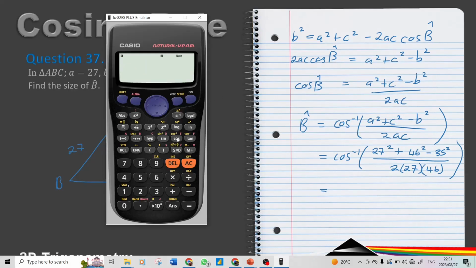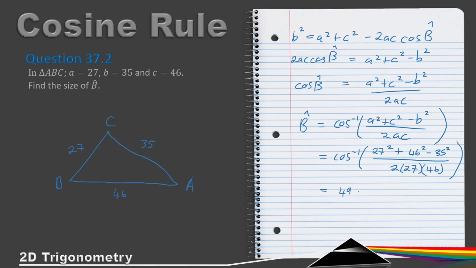Okay, so we have shift cos, and then we have 27 squared plus 46 squared minus 35 squared, all over 2 times 27 times 46. Okay, so that gives us 49.29 degrees.